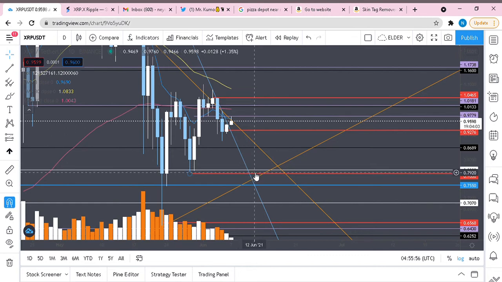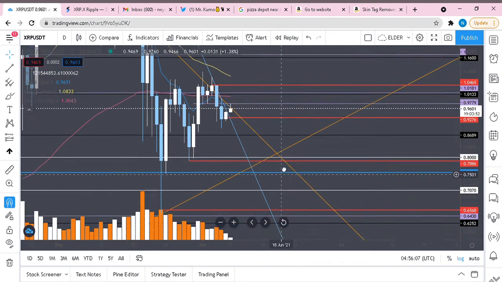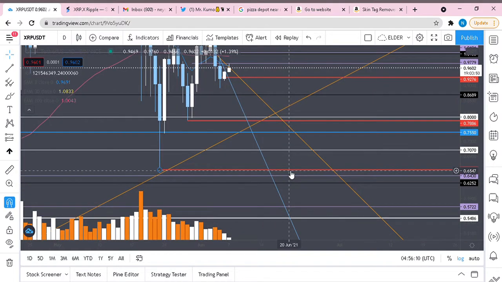Okay, from this level, most likely it's going to go and retest this outer trend line over here once again, and it's going to drop back down to exactly this level right here, which is 0.6568. I repeat, 0.6568.